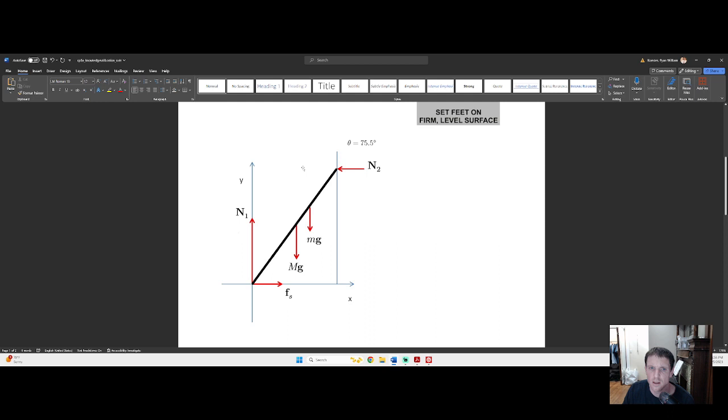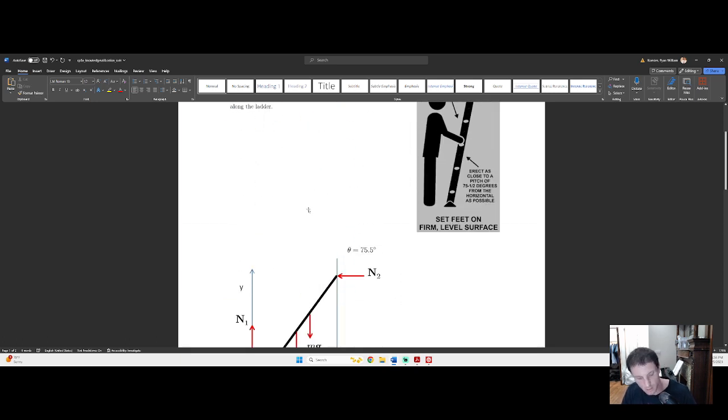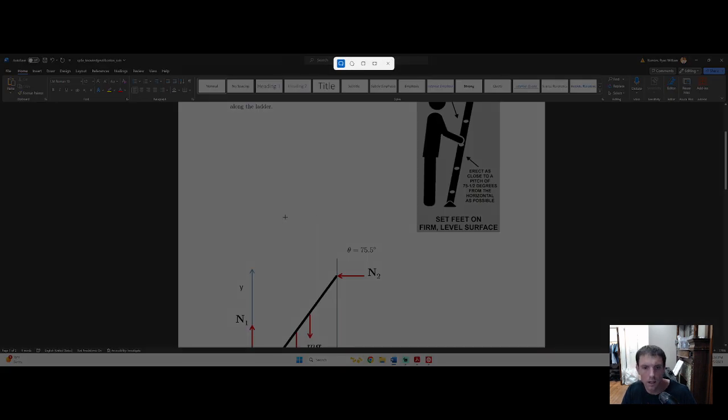So the normal force looks like this. Maybe I'll just draw this so you guys can see what that looks like. Bear with me here, this is also for me.